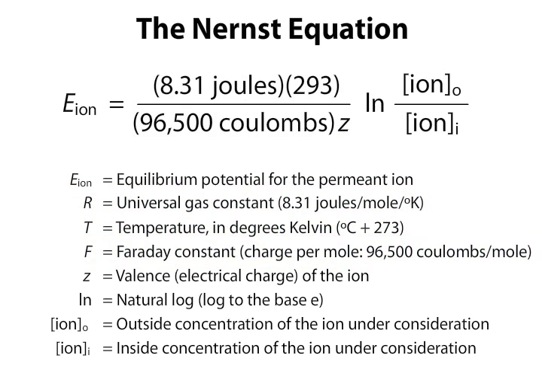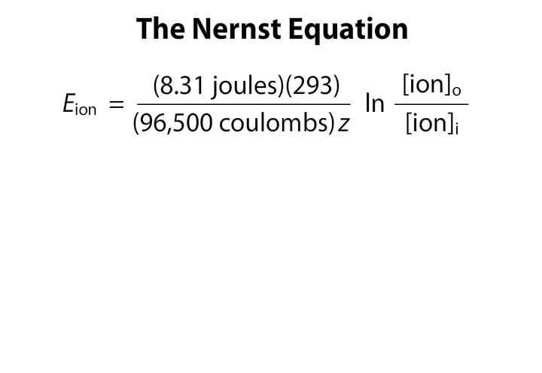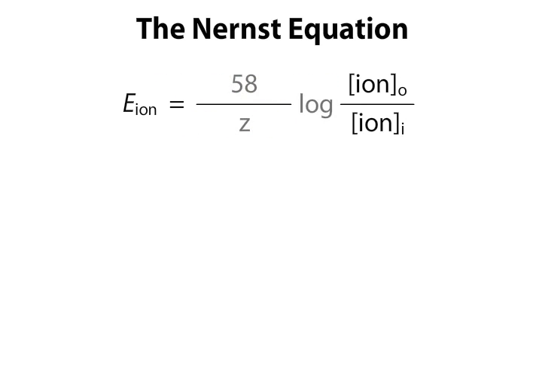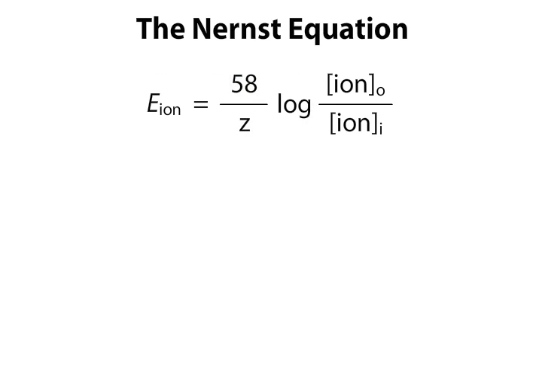Note that the units for the Nernst equation are joules per coulomb, which is the same as for volts. Because it's easier to perform calculations using base 10 logarithms and to perform experiments at room temperature, this relationship is usually simplified to where log indicates the base 10 logarithm of the concentration ratio.